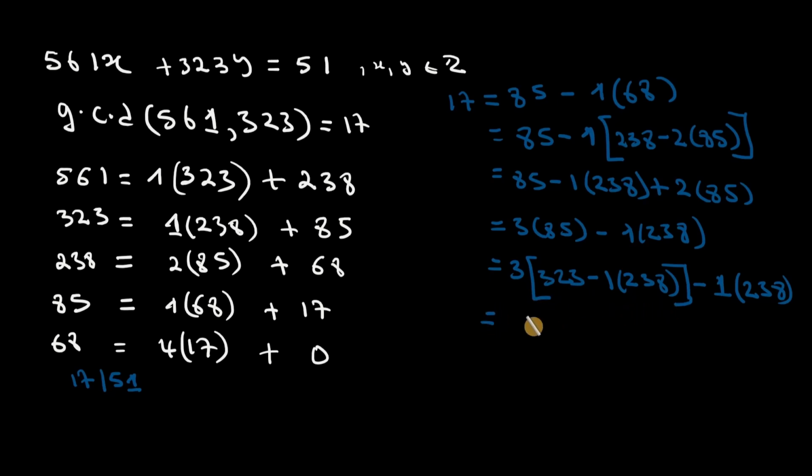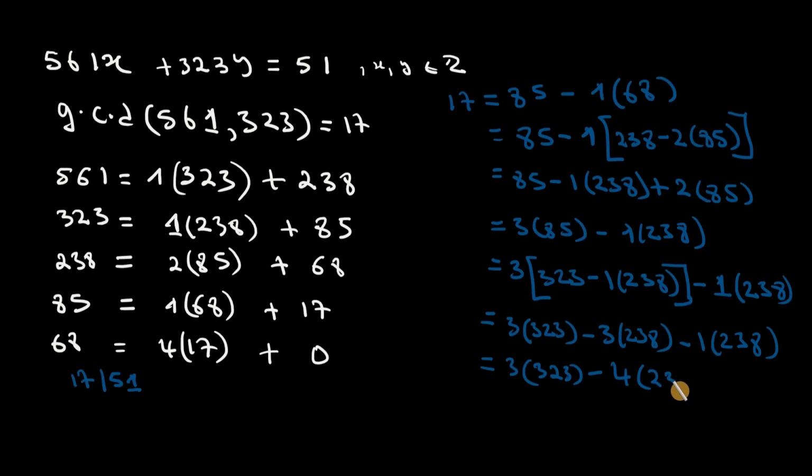That is 3 times 323 minus 3 times 1, which is 3 into 238, minus 1 into 238. Minus 3 238 minus 1 238 is the same as minus 4 238. So I have 3 into 323 minus 4 into 238.